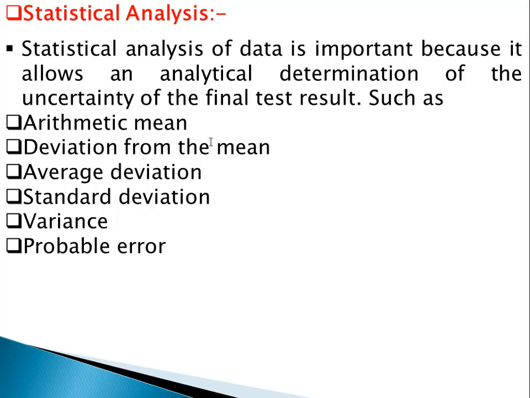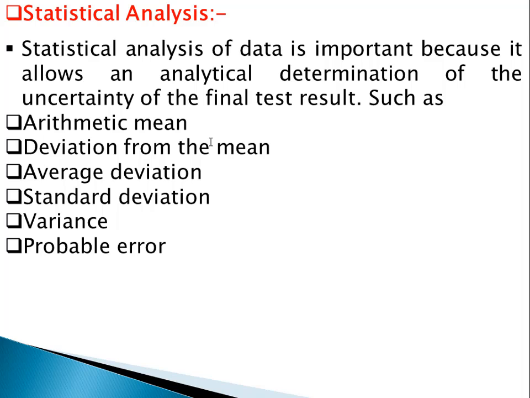In the statistical analysis, there are some terms we need to understand. Those terms are: first one, arithmetic mean. Next one is deviation from the mean. Then average deviation. Next one is standard deviation.